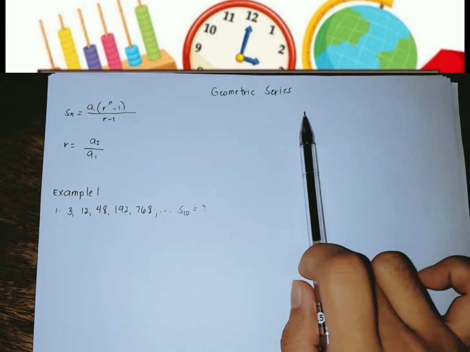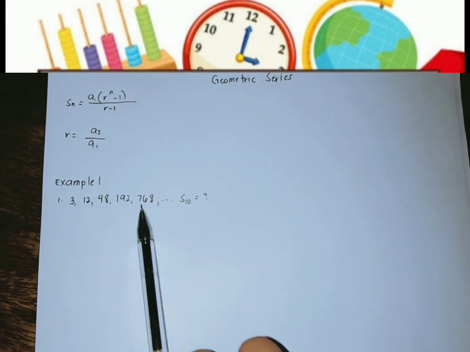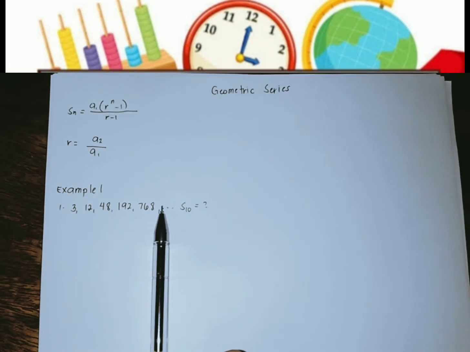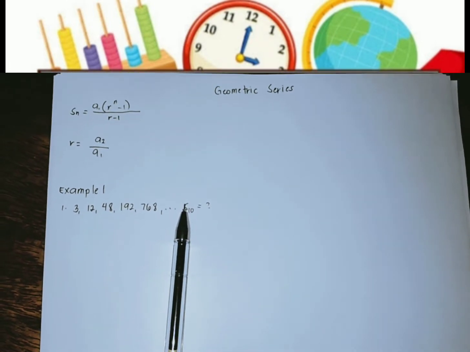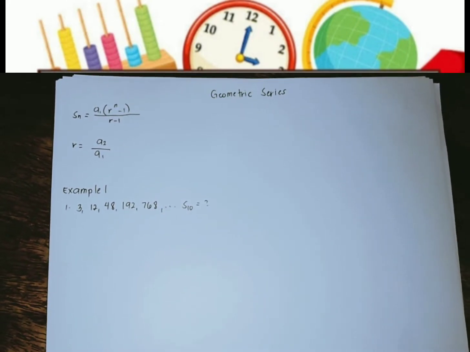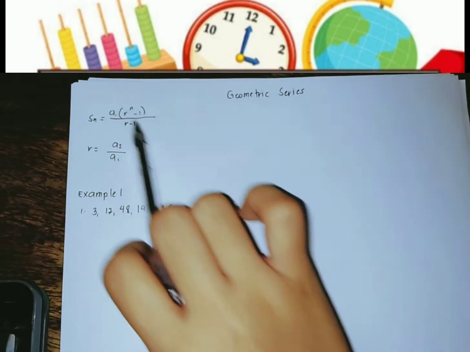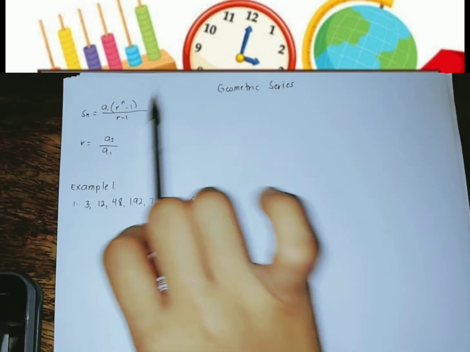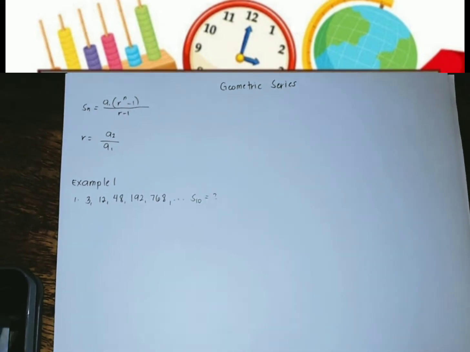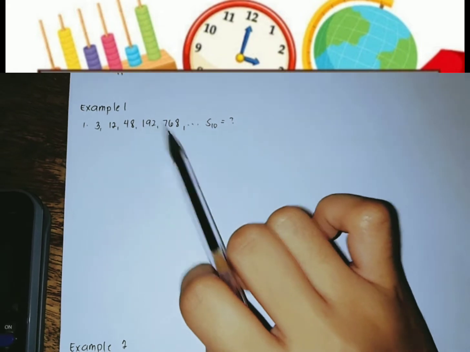It is almost the same as a geometric sequence because of the patterns, but they have differences too. One of those differences is the formula, because a geometric series is the sum of terms. So now we will start solving example number 1.